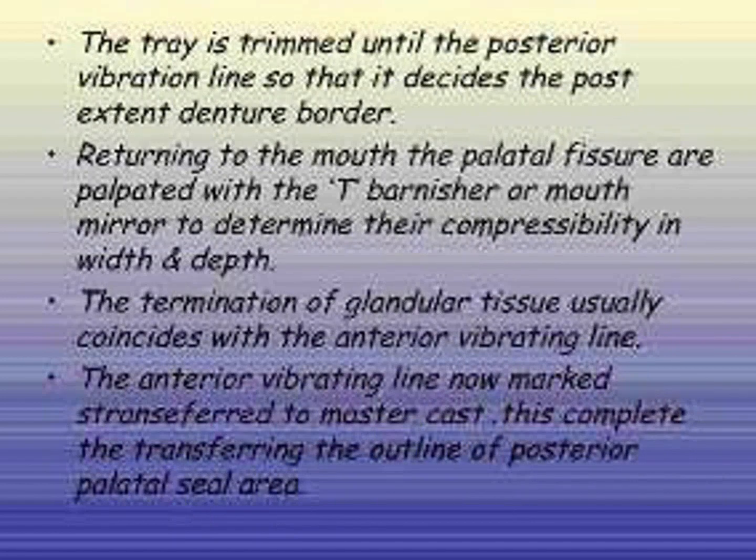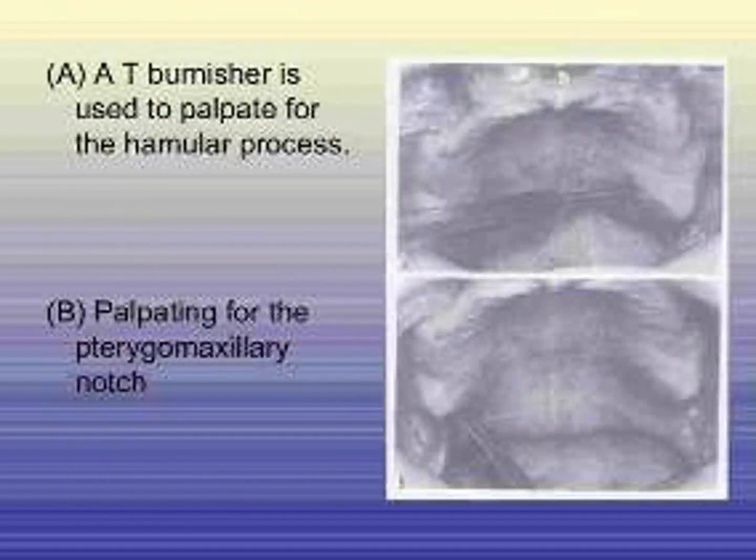The tray is then trimmed until the posterior vibrating line so that a decision on the posterior border extension is determined. Returning to the mouth, the palatal fissures are palpated with T-burnishers or mouth mirror to determine the compressibility of the PPS area. Termination of the glandular tissue usually coincides with the anterior vibrating line. The anterior vibrating line is then transferred to the master cast, thus transferring the outline of posterior palatal seal.